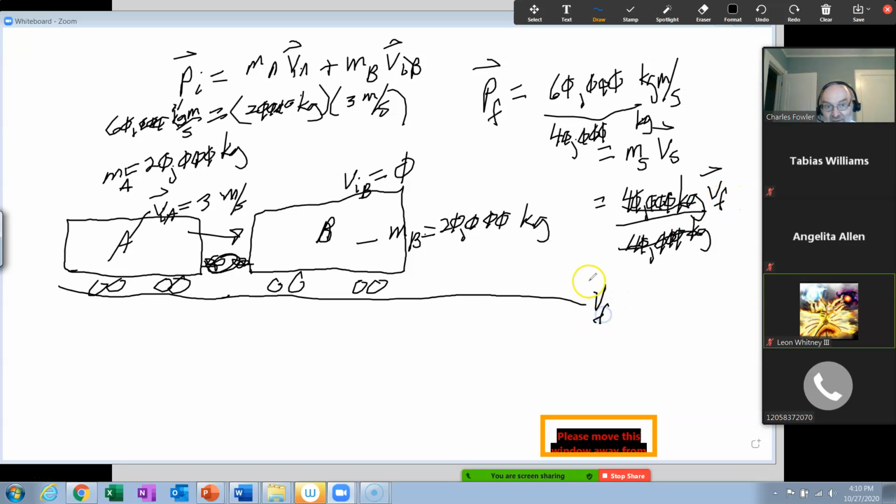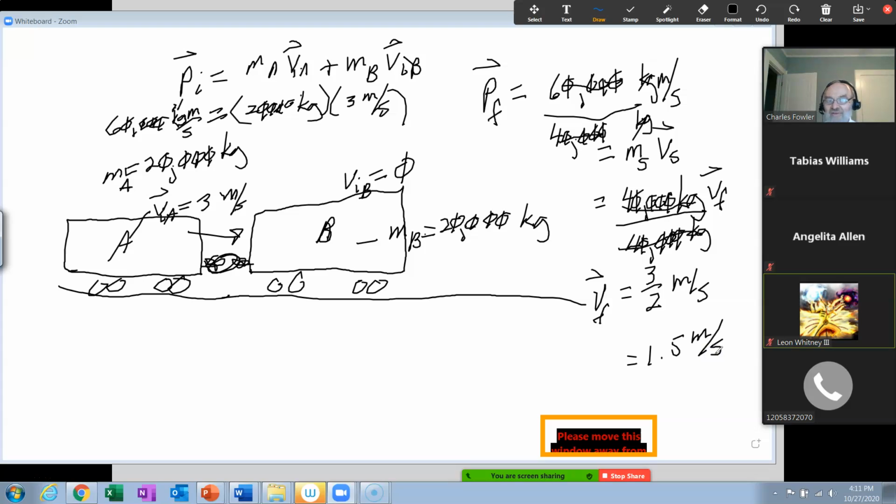So this is your final velocity. And these zeros, you can get rid of all those. 4 up there, 4 down there. 6 divided by 4 is 3/2. And the kilogram cancels out kilogram, and that leaves you meters per second. So this would be 1.5 meters per second.